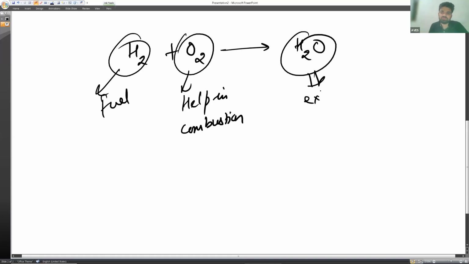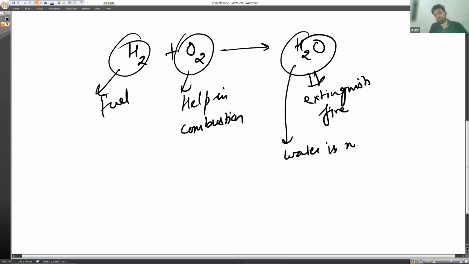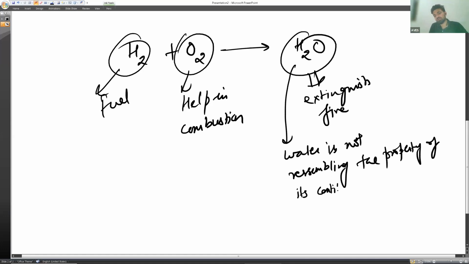No, it itself extinguishes fire. So water is not resembling the property of hydrogen and oxygen, its constituents from which it is made up. So that's why it is a chemical change. You understood? A new substance is formed having entirely different chemical properties from its constituents. Is that clear?